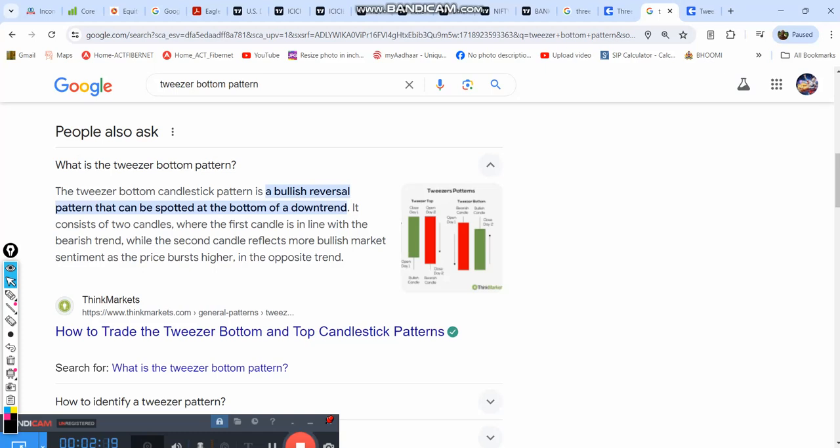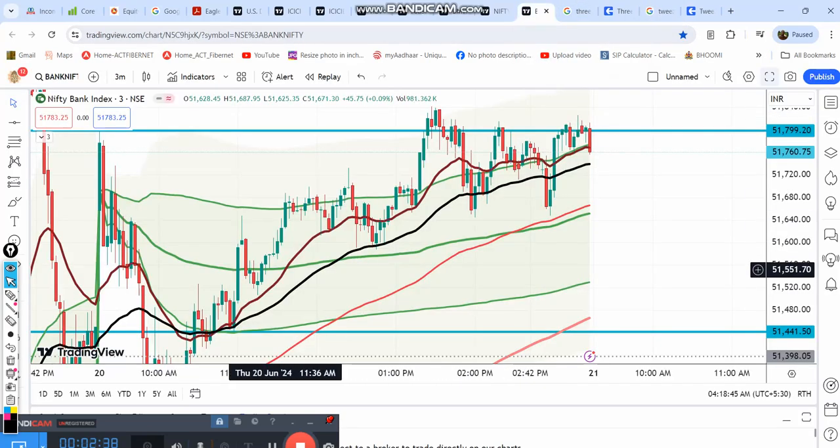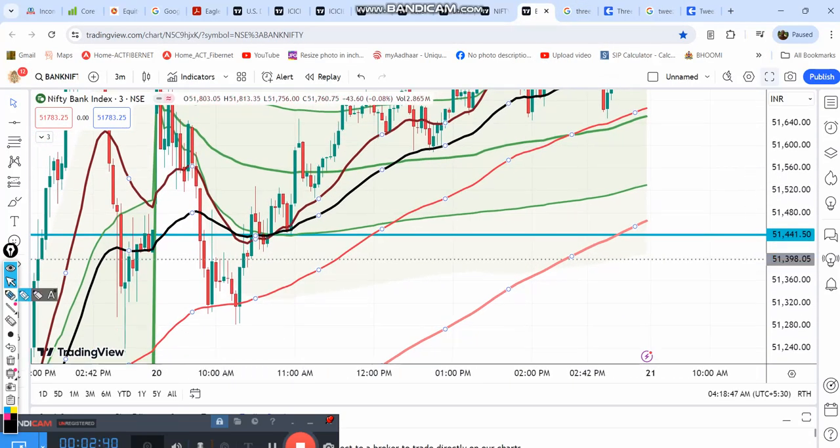So the tweezer bottom candlestick pattern is a bullish reversal pattern that can be spotted at the bottom of a downtrend. It consists of two candles where the first candle is in line with the bearish trend while the second candle reflects more bullish market sentiment as the price was higher in the opposite trend. So this is similar to a tweezer bottom pattern here.